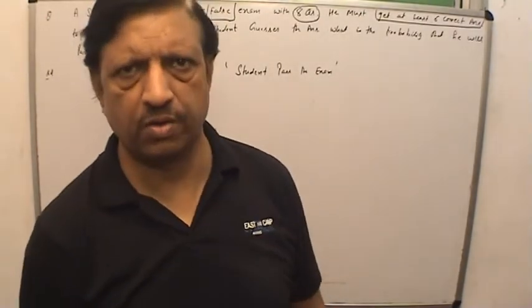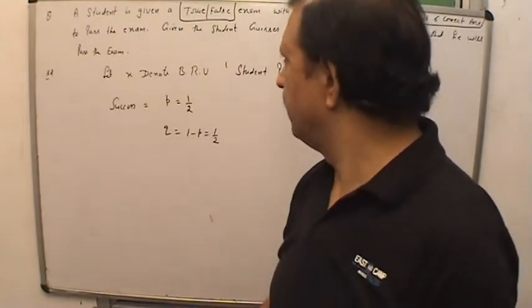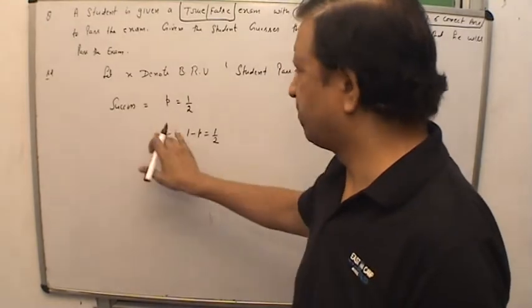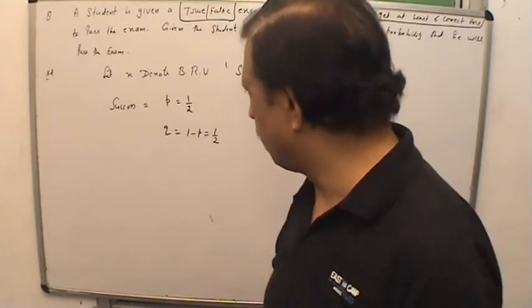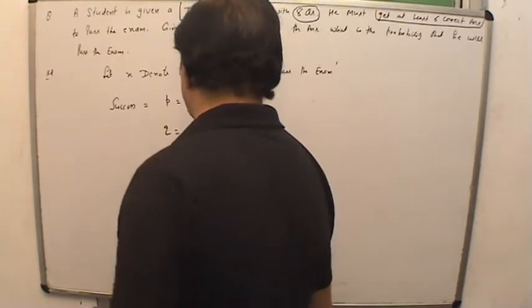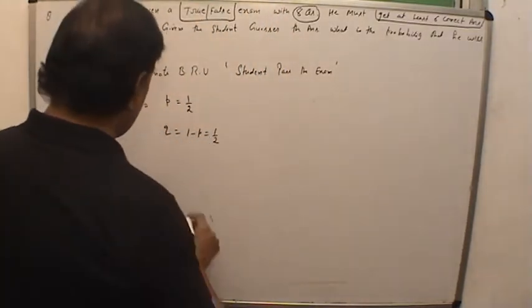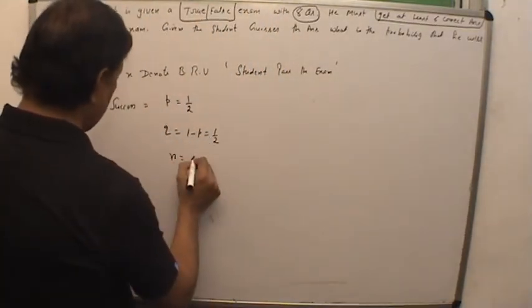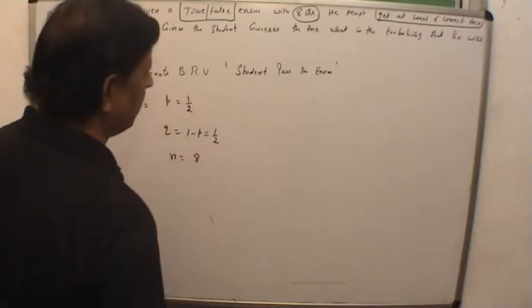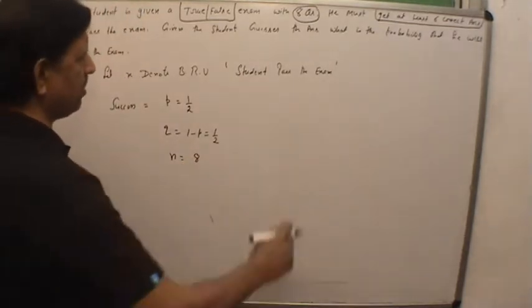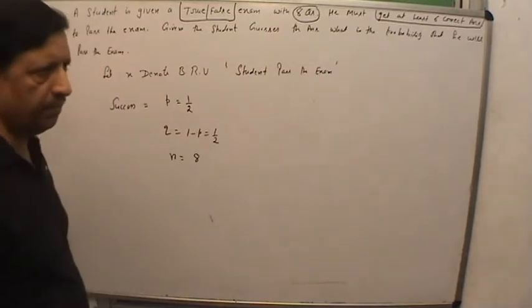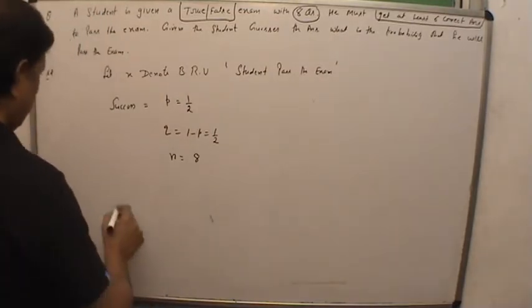If in place of true-false we had taken 4 options, the success probability would have been 1 by 4, and Q is equal to 1 minus P. And the total number of trials is 8. The 8 questions are in the exam, so the total number of trials is 8.